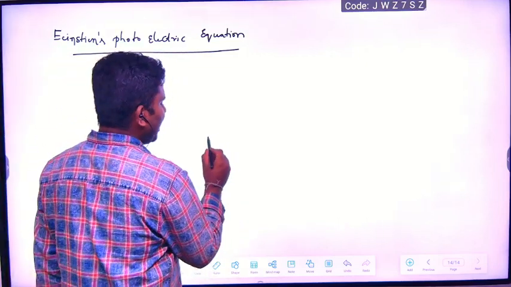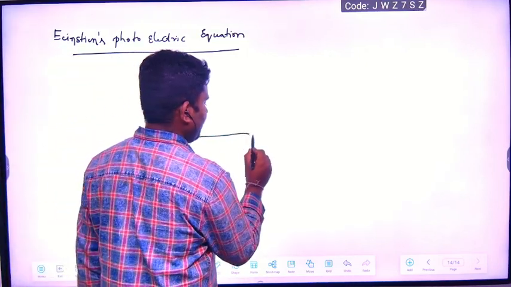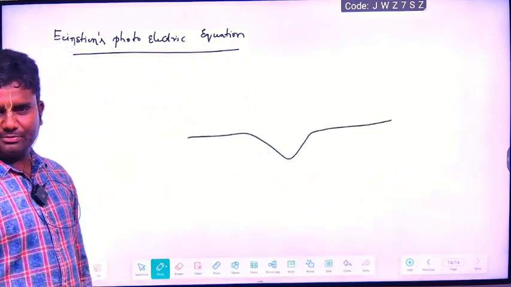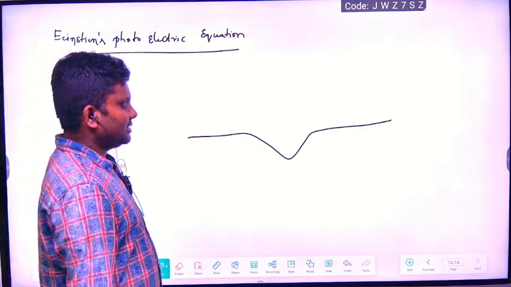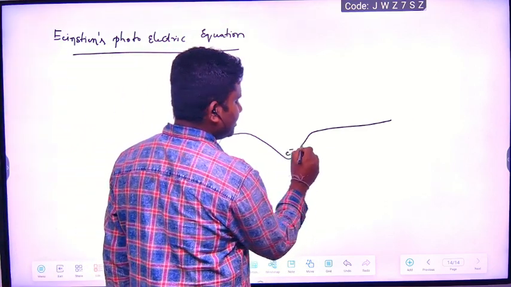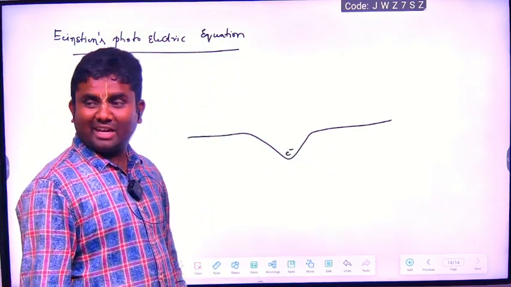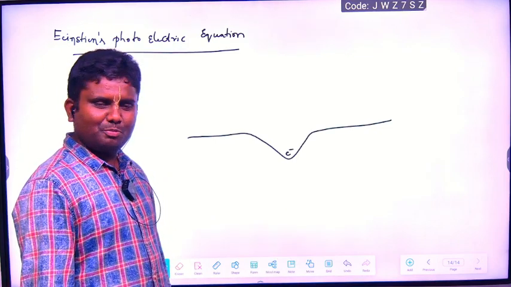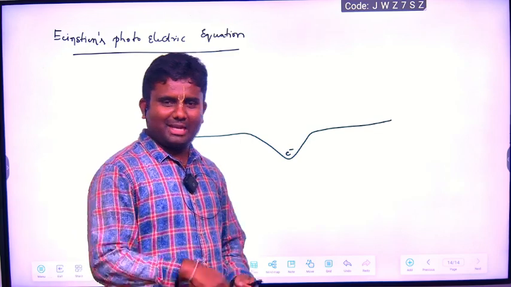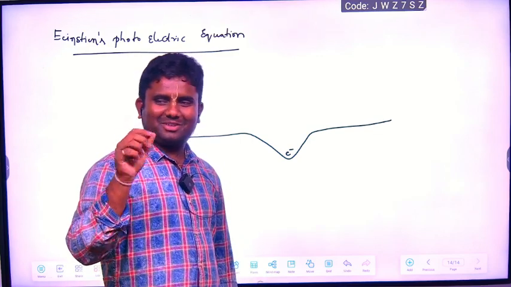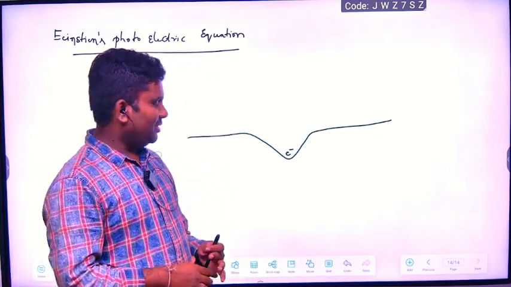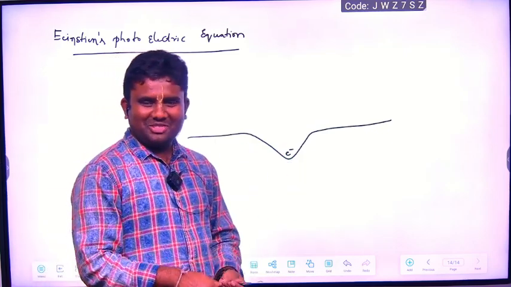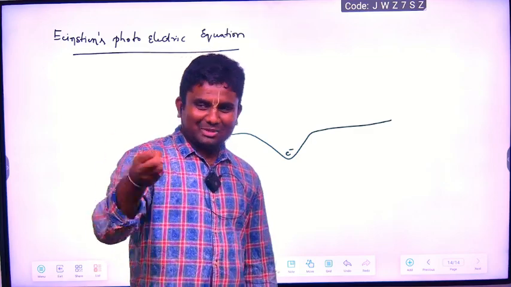According to Einstein, take for example the surface of a metal plate, with one electron here. Why will electrons come out? You people played the marble game, goli, right? You make one small hole in the surface and put a marble in it.